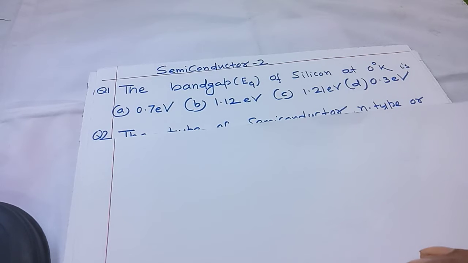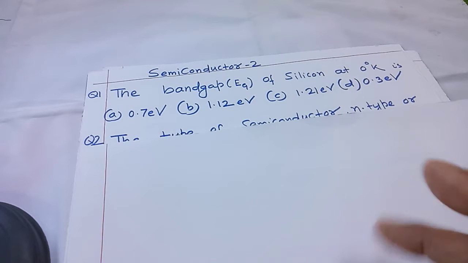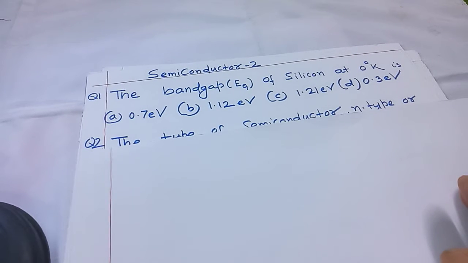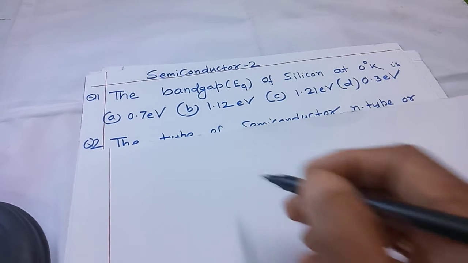Experimentally, we find out the band gap for silicon by different methods, say the 4-probe method, and extrapolate a curve and find out the value of band gap at 0 degree Kelvin.